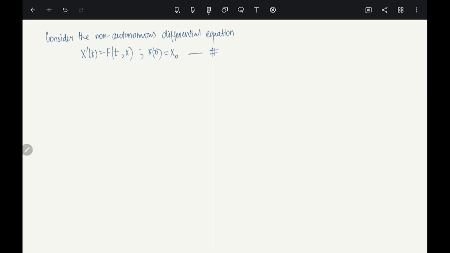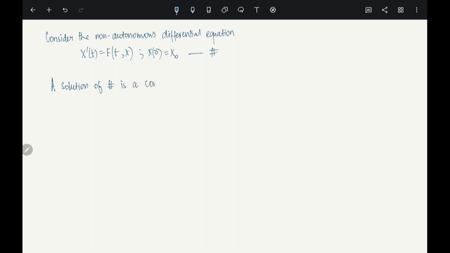Basically we will say a solution of system hash is a continuously differentiable curve.